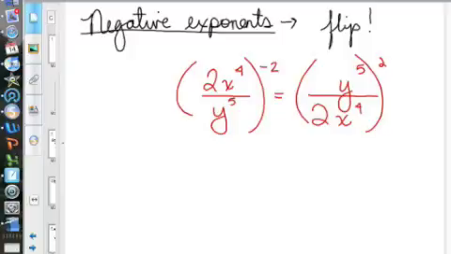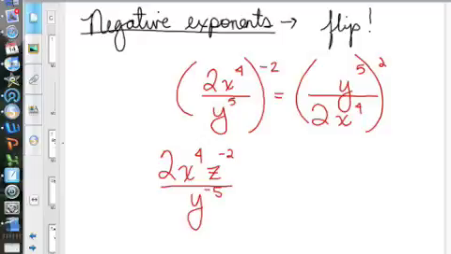Or you could have this, where there are individual things in there that are being raised to a negative power, which means what flips? Z. Only those things. So the z and the y need to trade places.